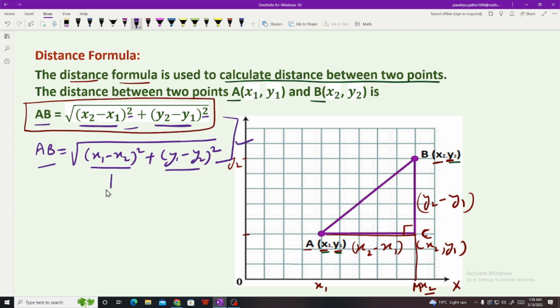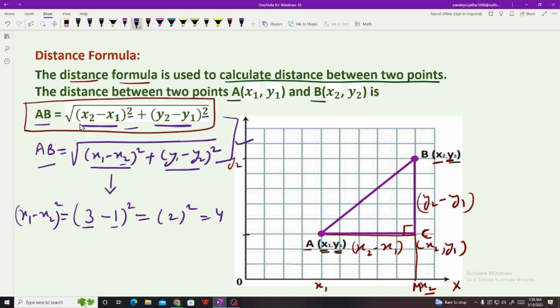For example, if I take x1 as 3 and x2 as 1, then x1 minus x2 whole square will be 2 square, that is 4.